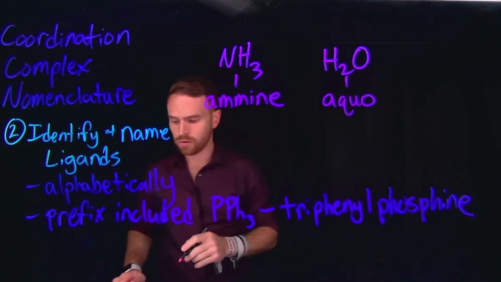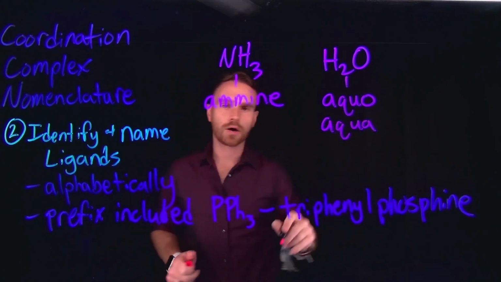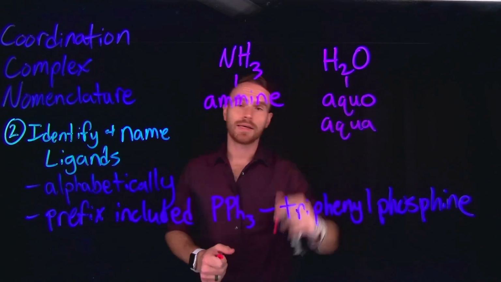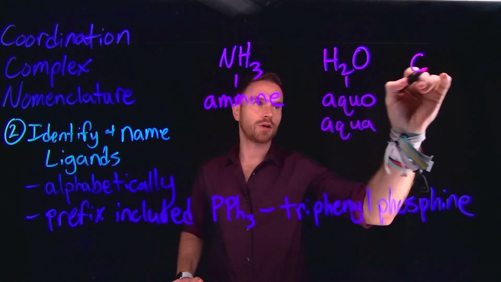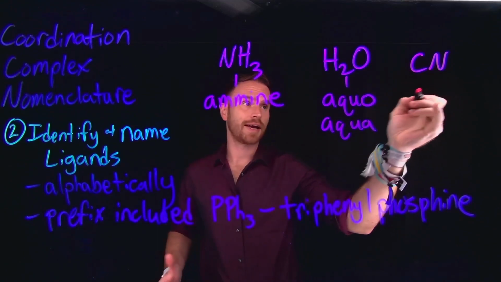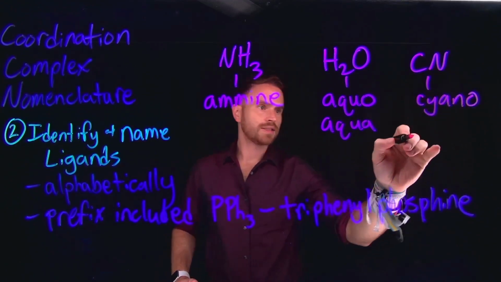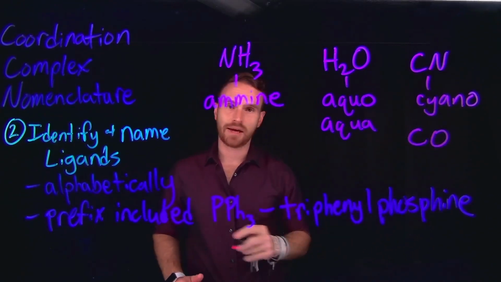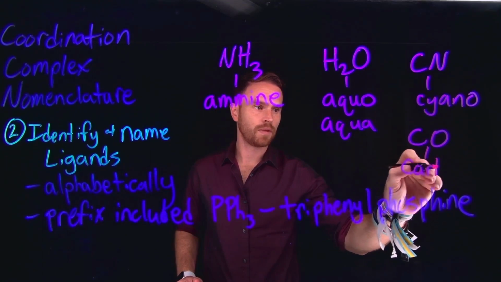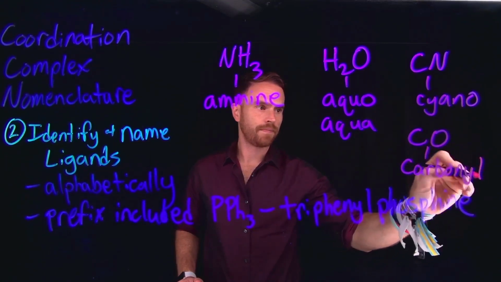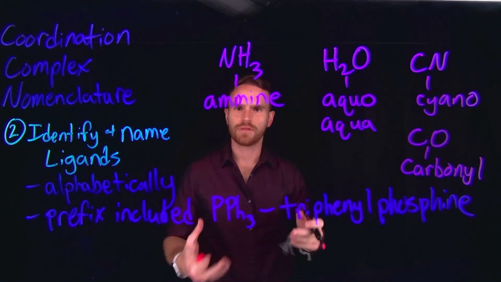So aquo or aqua, sometimes you will also see it. Aqua or aquo is the name of the ligand when water is the ligand. We already saw an example where you have cyano as a ligand. CO is another common example. This is called the carbonyl ligand. And in class, we'll talk about some of the other common types of ligand structures.